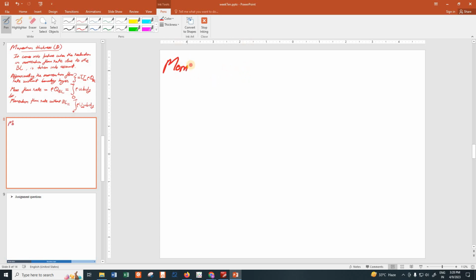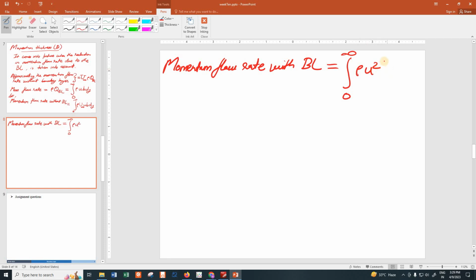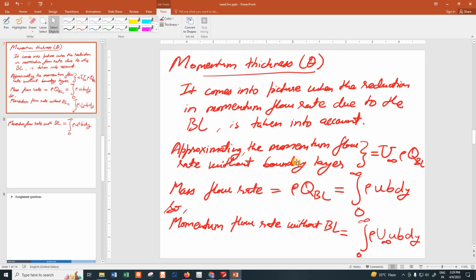Now, with the boundary layer, what would happen is, when you approximate that there is no boundary layer, you are taking that the velocity field has no variation with respect to the y-axis.